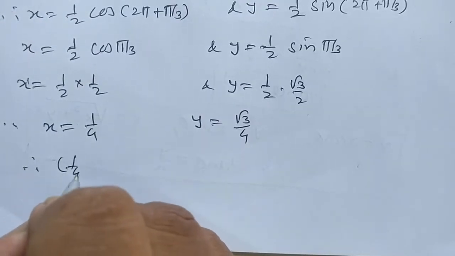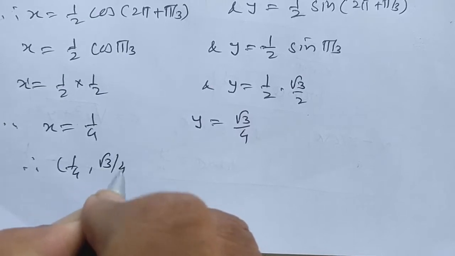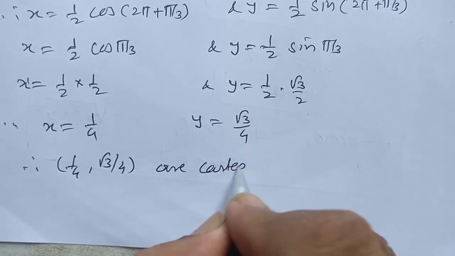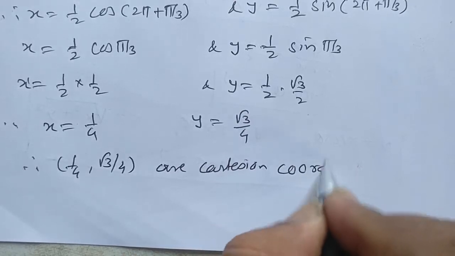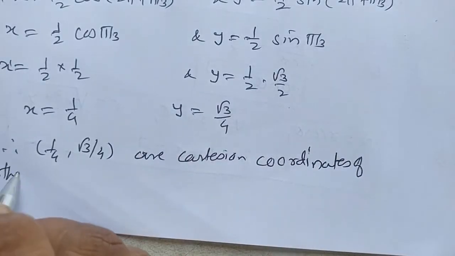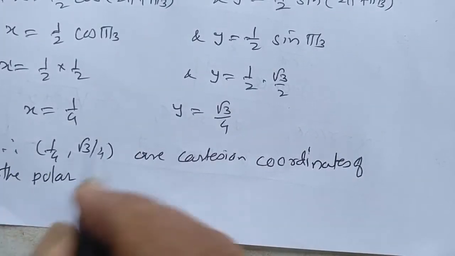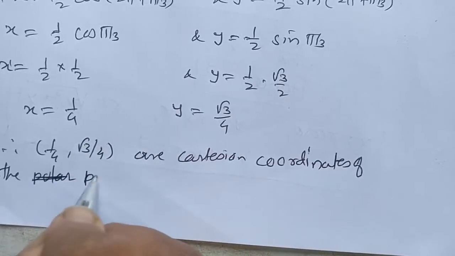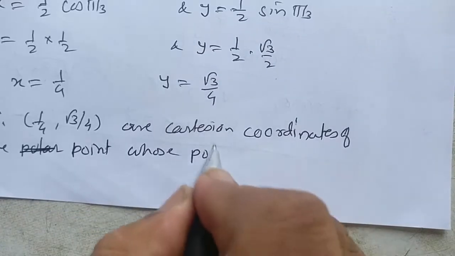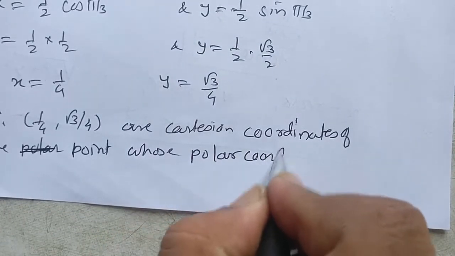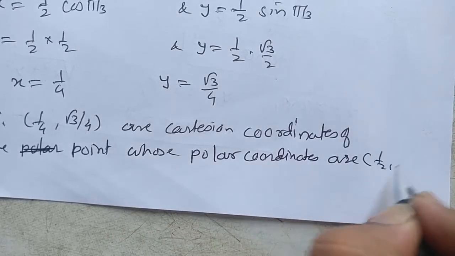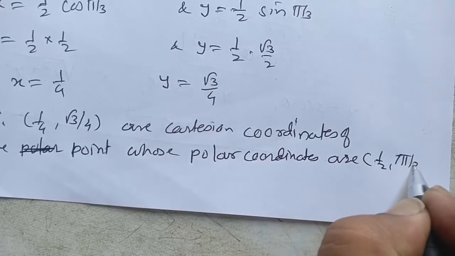Therefore, 1 by 4, root 3 by 4 are the Cartesian coordinates of the point whose polar coordinates are 1 by 2, 7 pi by 3.